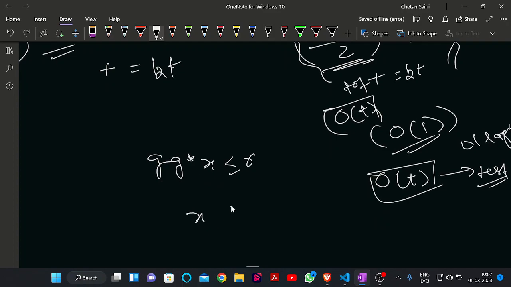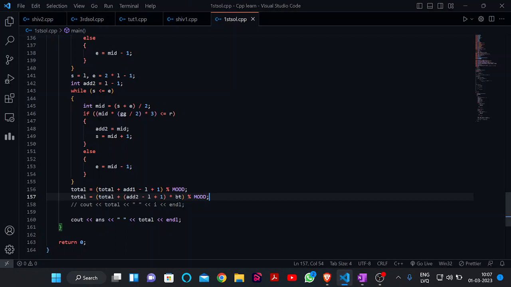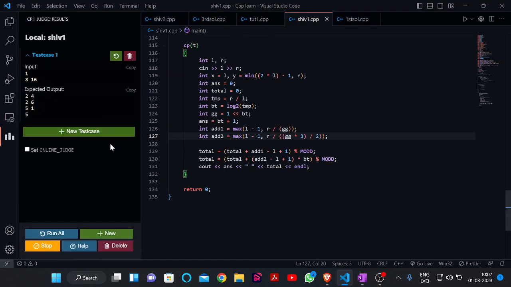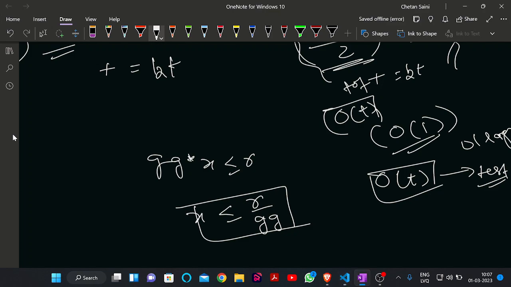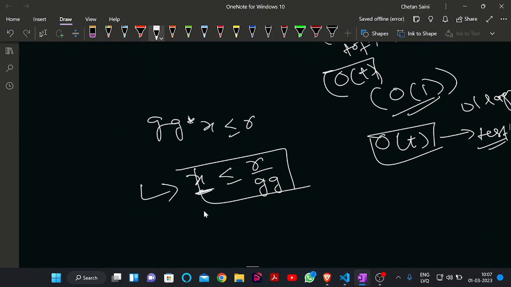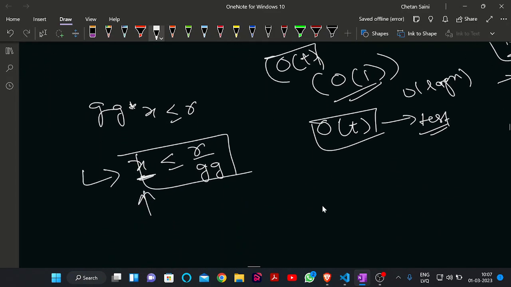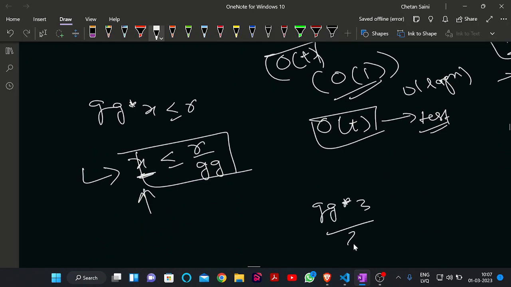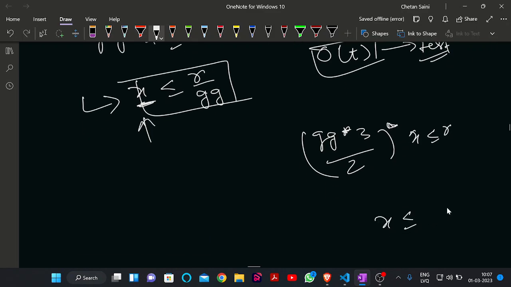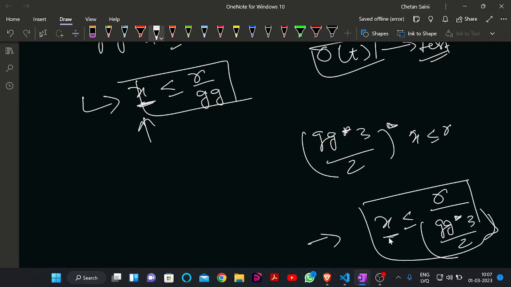For that we can calculate the value of R upon Gg, and this will be the maximum possible number x following that condition. And for the other condition, GG into 3 upon 2 into x should be less than R. From this, if we calculate the value of x, that is R upon Gg into 3 upon 2, that gives us the maximum possible number x.